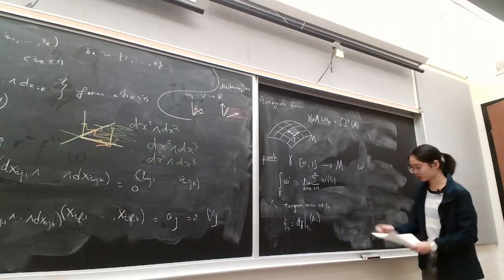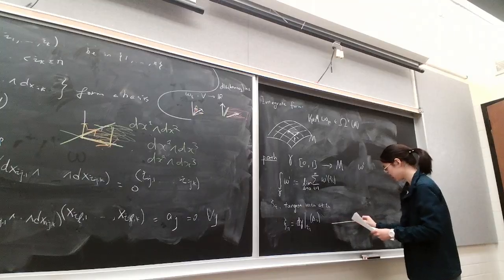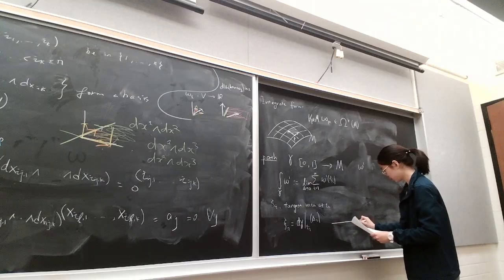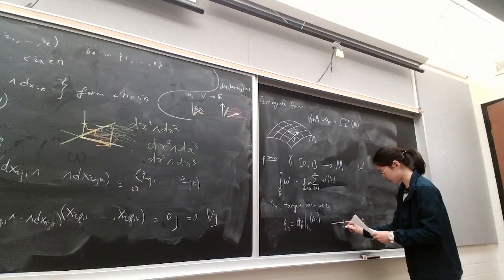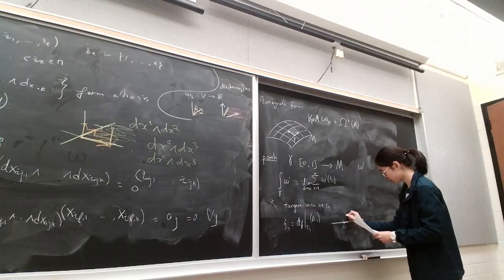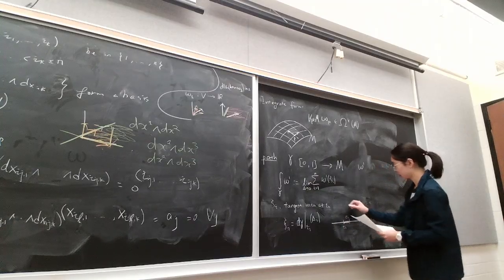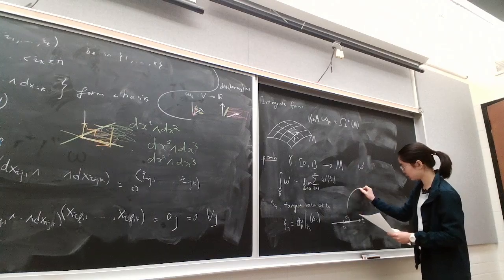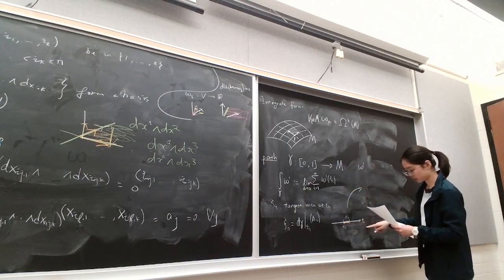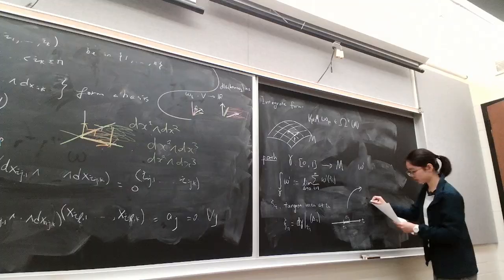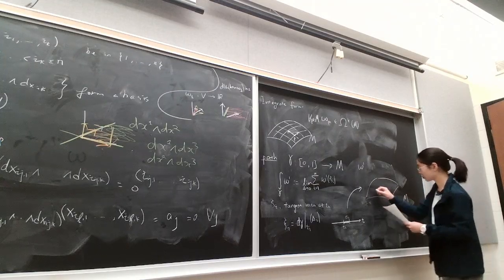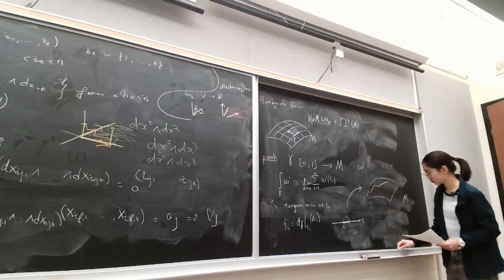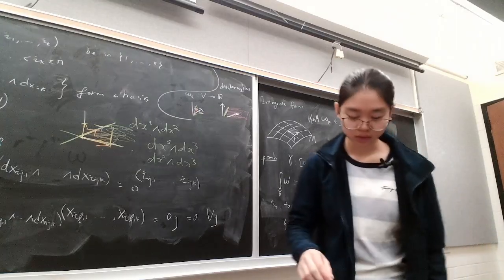Okay, I'm going to draw a picture first. So let's say this is a t. This is ti. This is delta i. And so gamma takes something from the t-axis to the manifold.